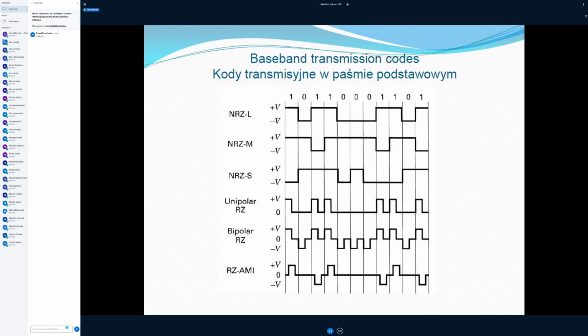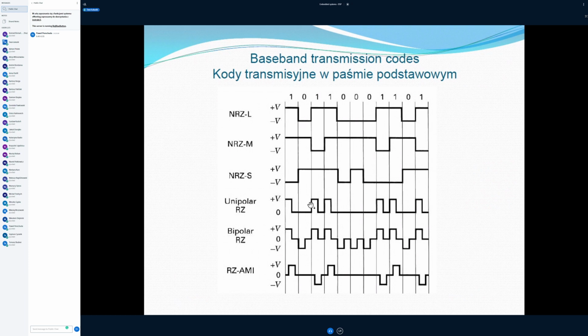Here you can see the differential NRZ. It means that when you have a 0, you do not have a change of the level of the signal, but when you have a 1, you have the change of the level.